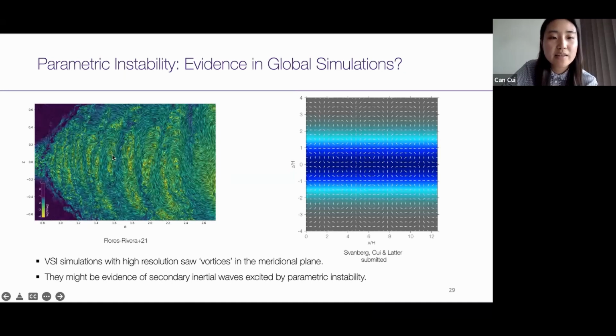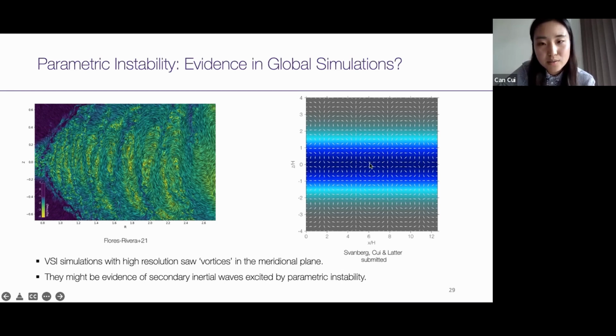The left panel is a plot of the velocity vectors in the simulation. We can see that there are some very small vortices in the RZ plane. It's the meridional plane rather than the azimuthal plane. On the right-hand side, I'm showing the velocity vectors of the inertial wave.